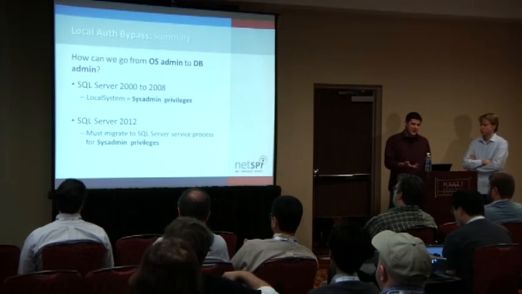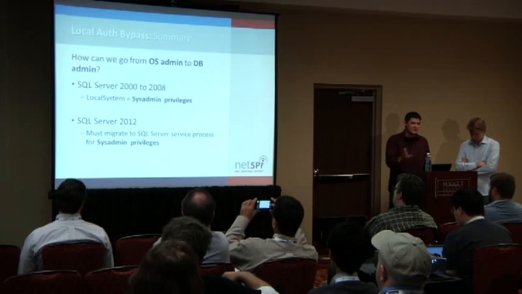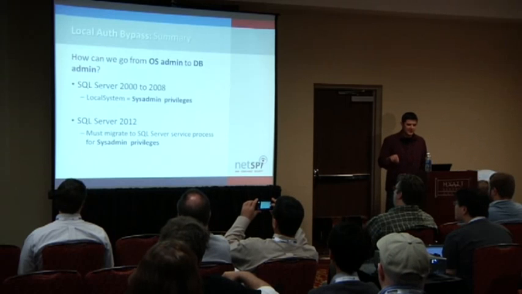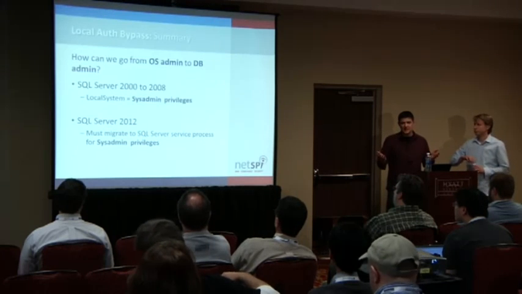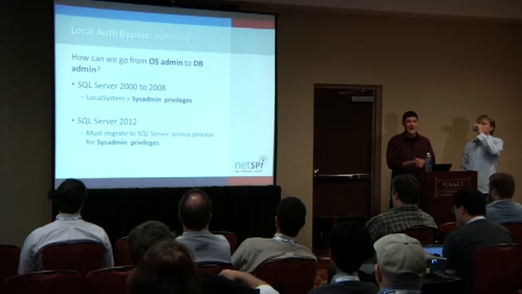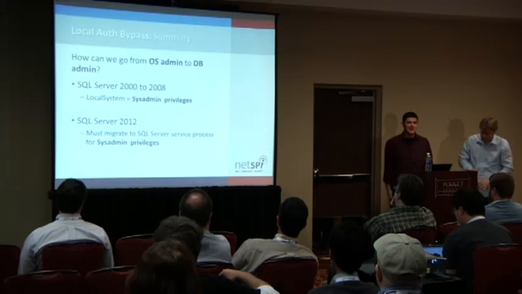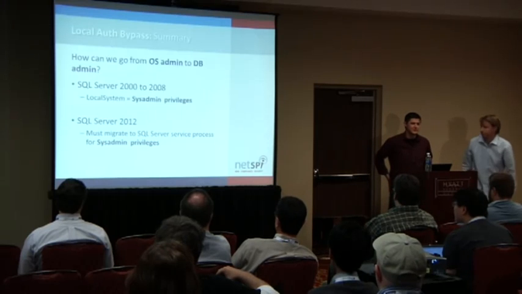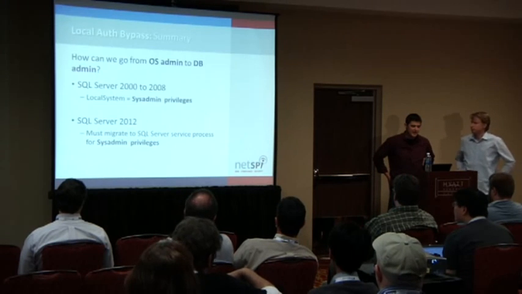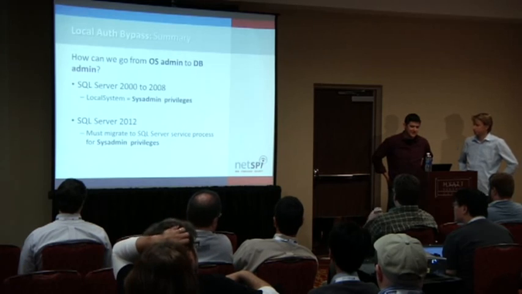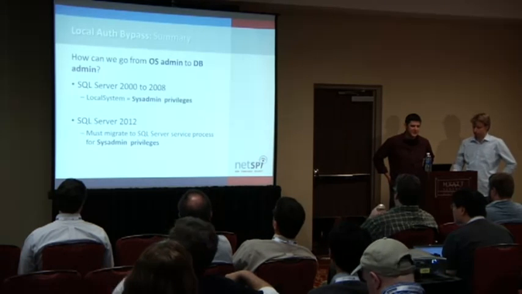So the problem with trying to fix this is that if you remove local system from the sysadmin fixed server role on the SQL server, that means you probably won't be able to patch your SQL server. So you either have this escalation path or you have missing patches. So there's no real perfect solution for fixing it, which is a bit of a bummer. And from attacker's perspective, I guess it's a good thing, but it's just kind of a reality of the implementation.